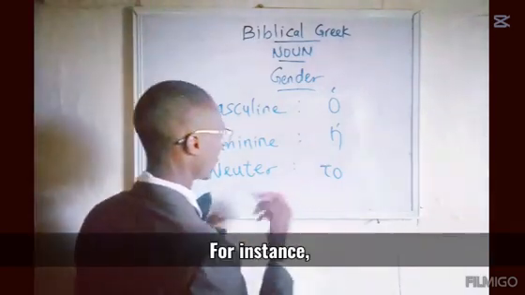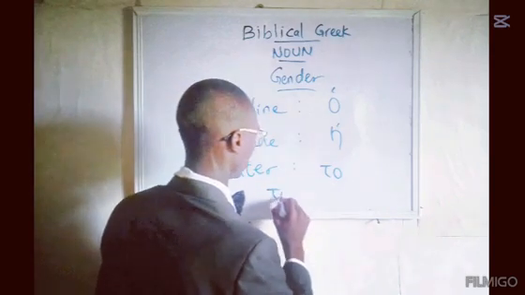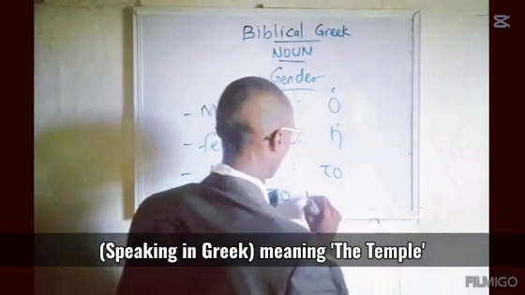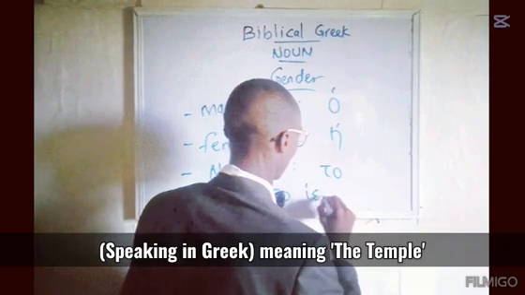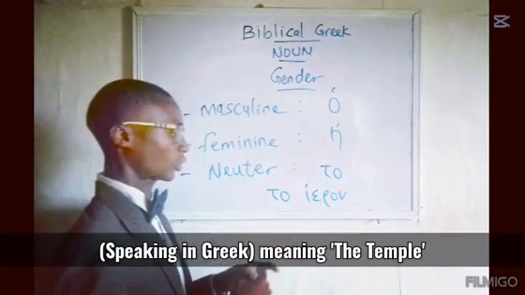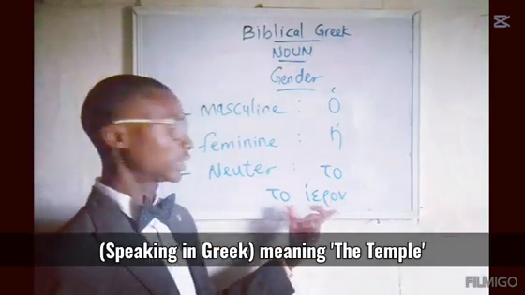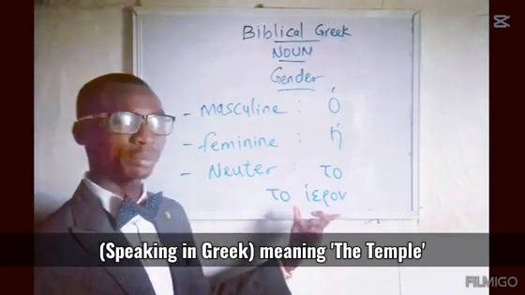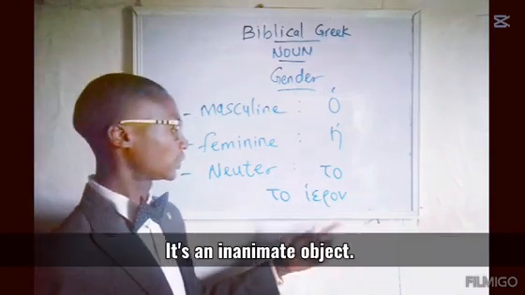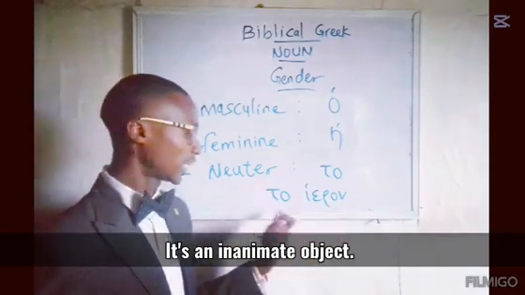For example, we have the word like to hieron. To hieron is the temple. The temple. So it's an inanimate object.